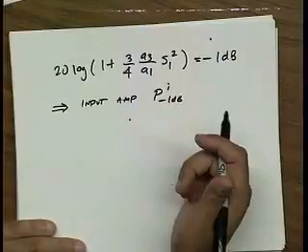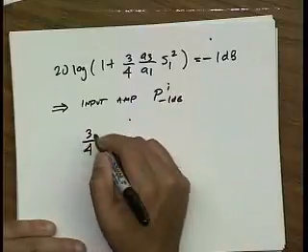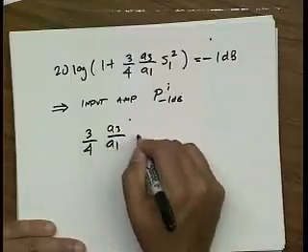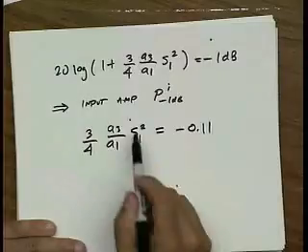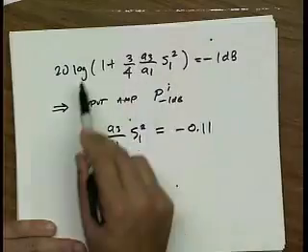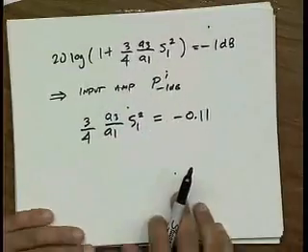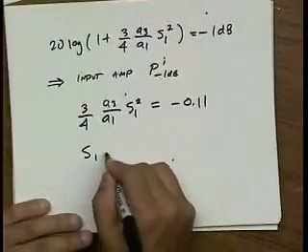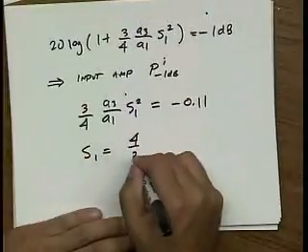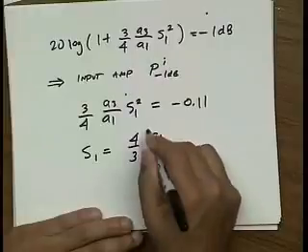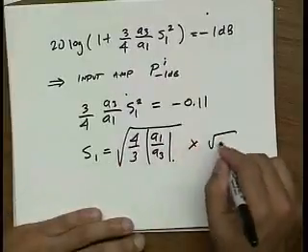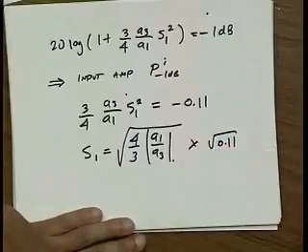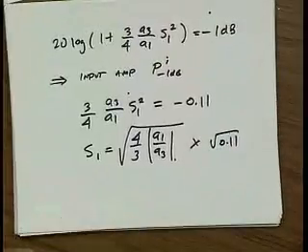Okay, so let me solve that. That's really easy. If you have a calculator handy, you can verify that I need this term here to be roughly 0.11, then this thing corresponds to minus 1 dB. And if I solve for that amplitude, I get the square root of 4/3 A1 over A3 times the square root of 0.11.